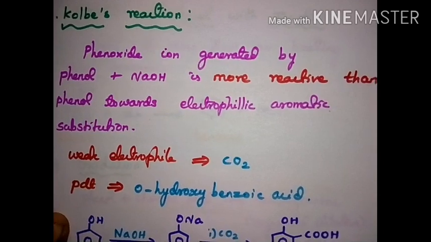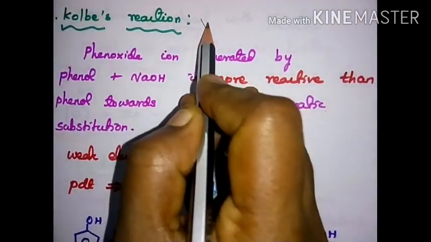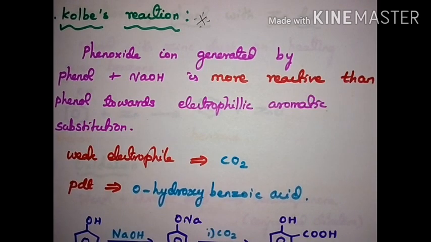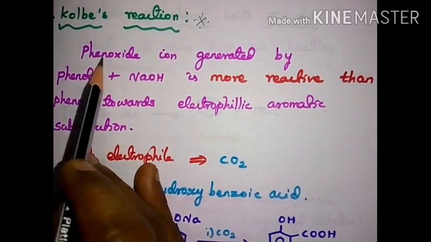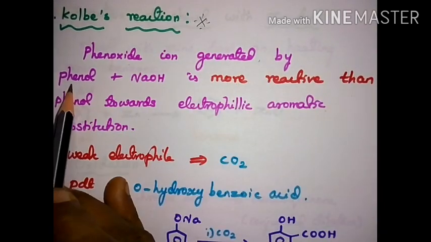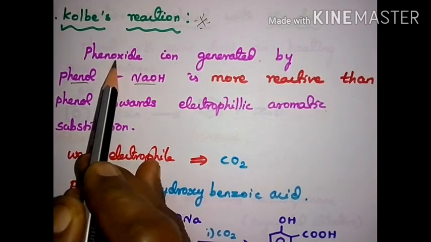Name reactions are very, very important. So where there is a name reaction, you have to study that. The first one is Kolbe's reaction. In Kolbe's reaction, phenoxide ion is generated by first reacting phenol with NaOH to give phenoxide.